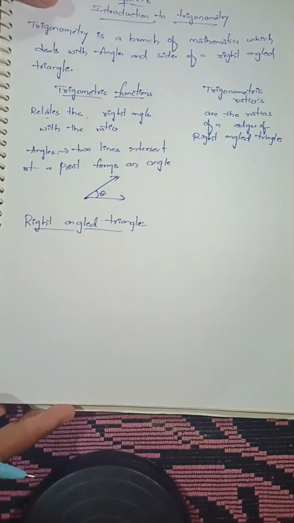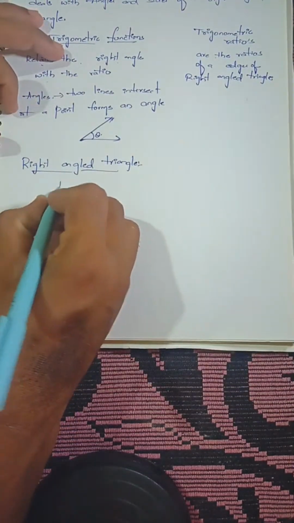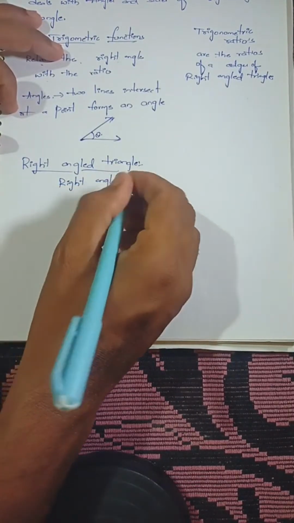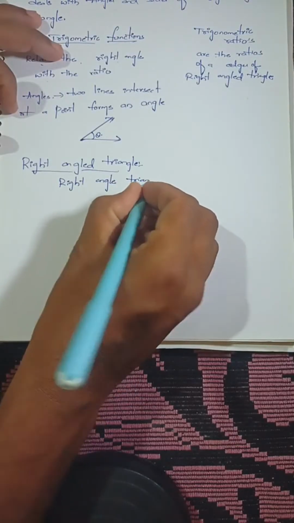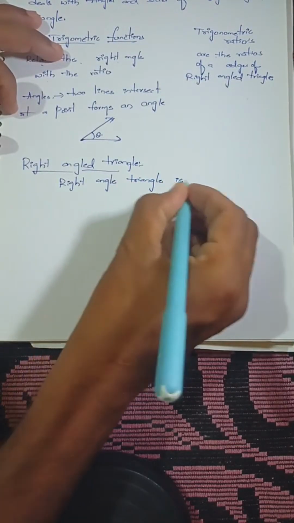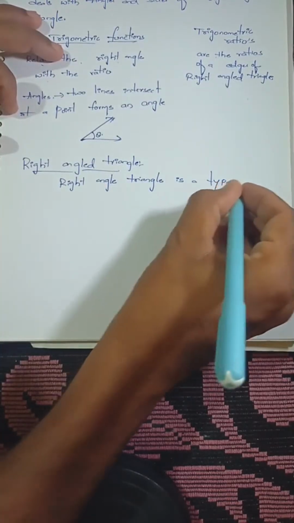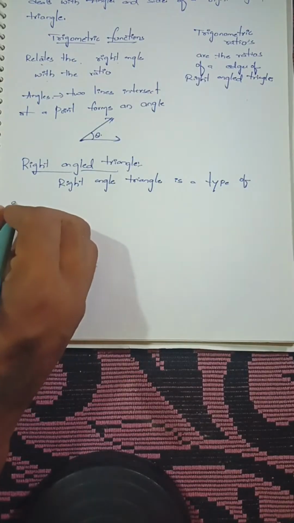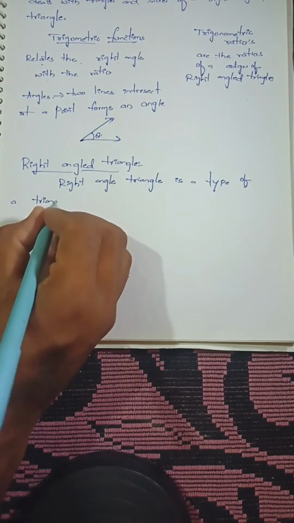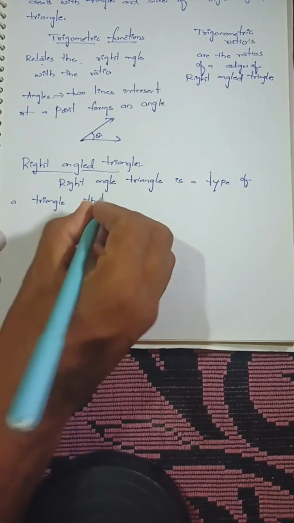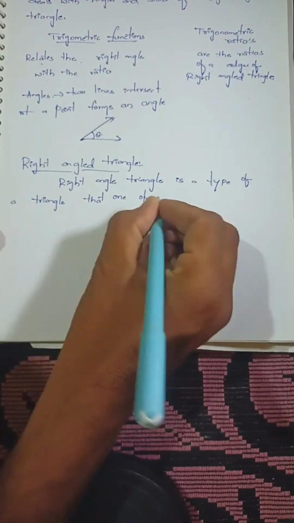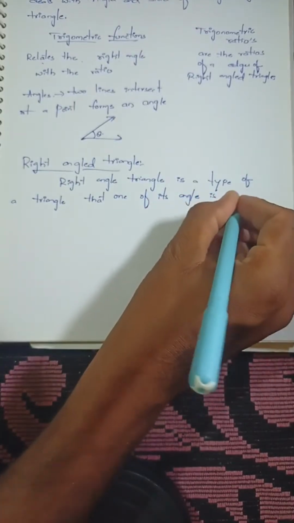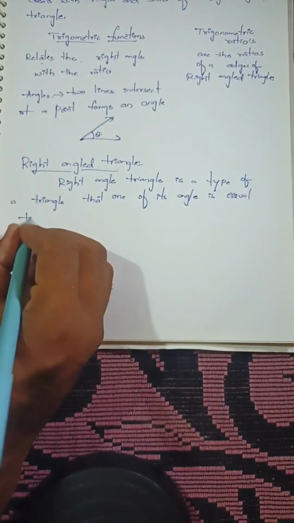So what is meant by right angle triangle? Now see, a right angle triangle is a type of triangle in which one of its angles is equal to 90 degrees.